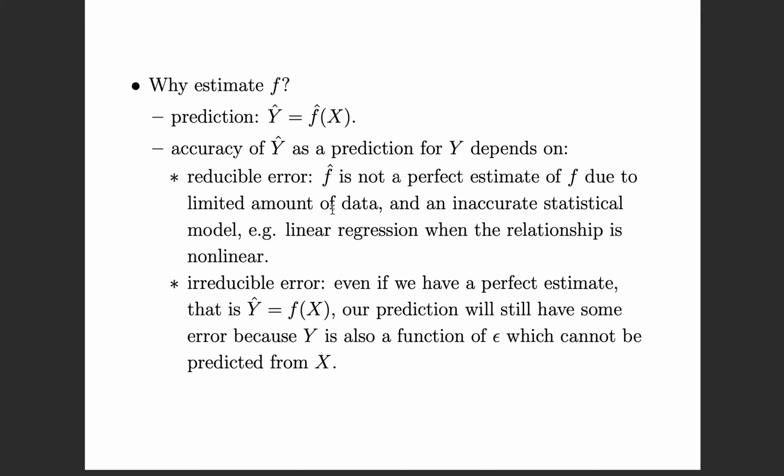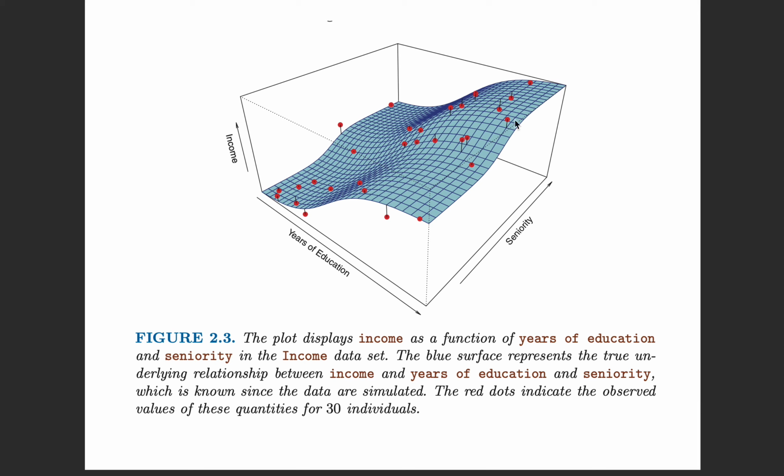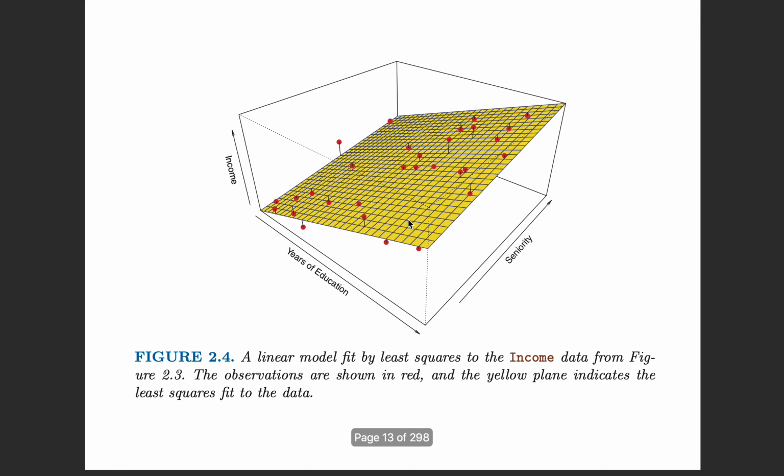Obviously, f hat is not going to be a perfect estimate of f due to the limited amount of data and maybe an inaccurate statistical model. We use a linear regression when the relationship is non-linear. Here, imagine this is the true underlying relationship, and then the data doesn't fall exactly on this surface. If the data was falling exactly on this surface, then epsilon here would be 0.